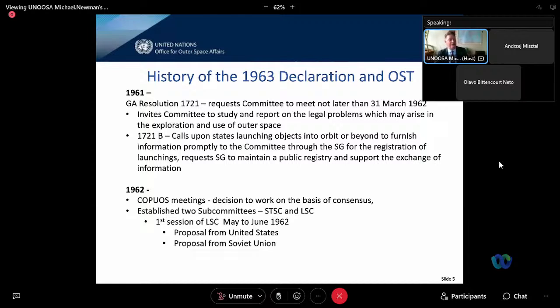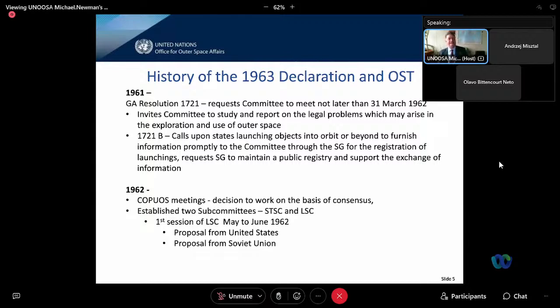And so this is still very relevant, and we can see how these aspects of this 1721 resolution have been implemented and play out into later instruments, and we will see the building up of these later instruments.